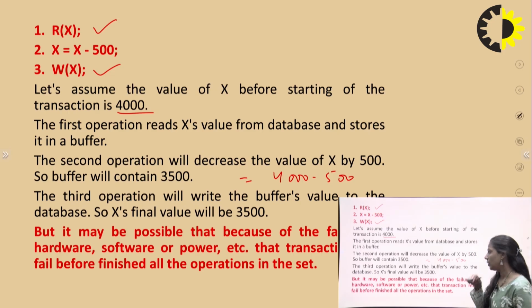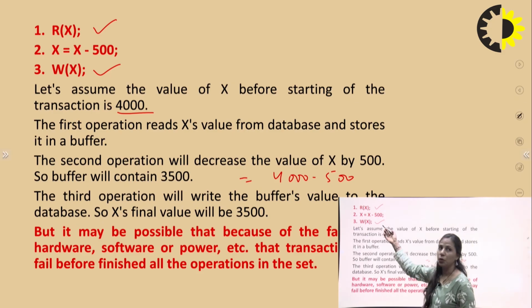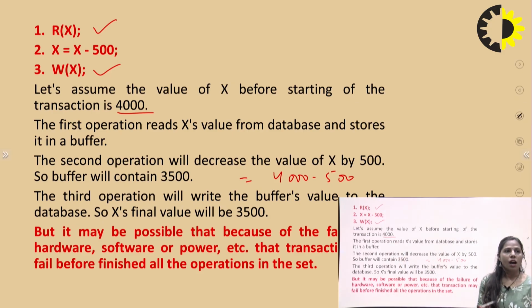It will decrease the amount of x so that the buffer will contain 3,500. Now, what is the third operation? That is the wx. It will write the buffer's value to the database. So in case of readx, it will not update into the database, but in case of writex, it will update the value into the database also. So the final value of x will be 3,500.